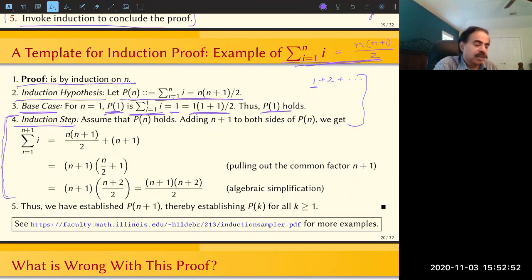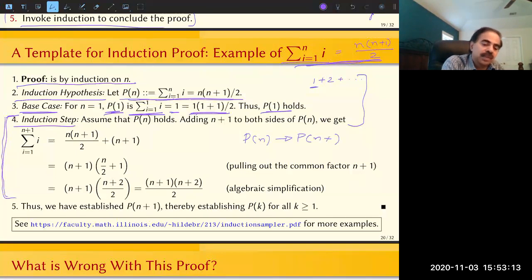Typically the proofs that you're going to deal with involve integers, and therefore you'll be doing some algebraic simplification to show that P of n implies P of n plus 1.